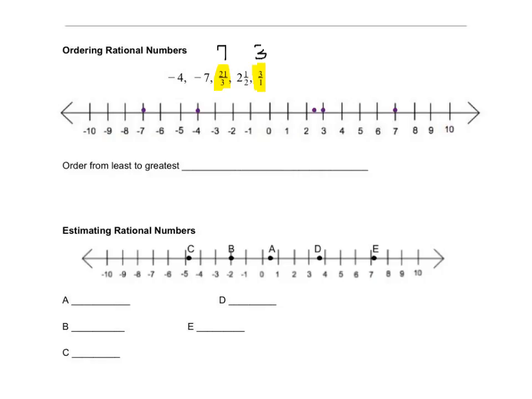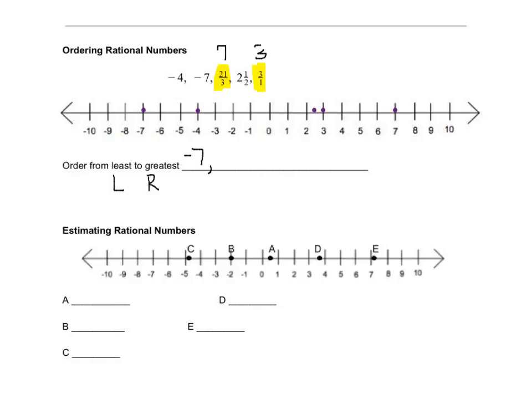And then the reason that this helps us is because to order from least to greatest, I simply need to go from left to right down the dot that I had placed on the number line. So the furthest one on the left happens to be -7.